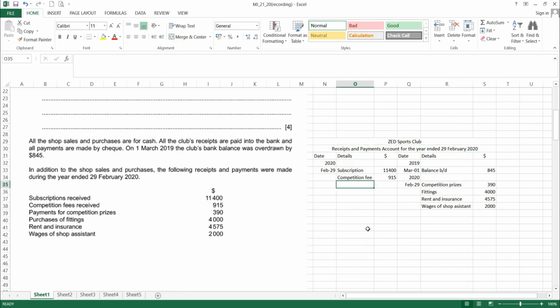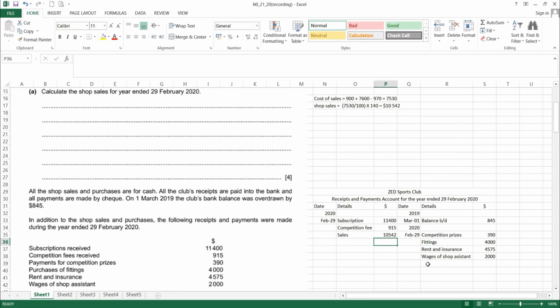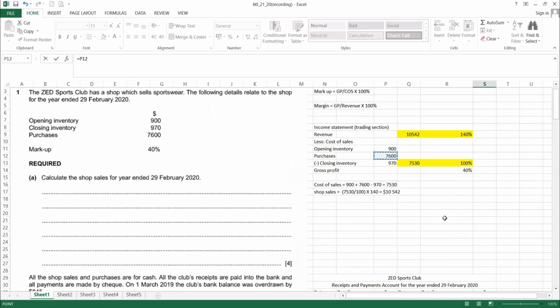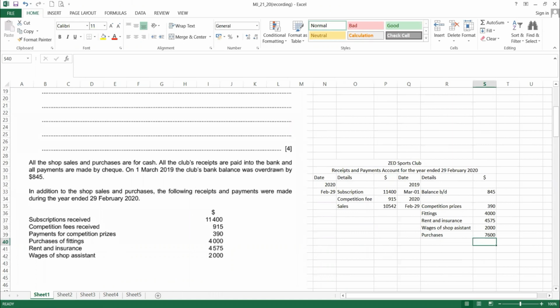It's just like a cash book. Debit receive, credit payout. So here we put in the sales amount, 10542, and the purchases amount given by the question, 7,600. So all the amounts are recorded based on the information.